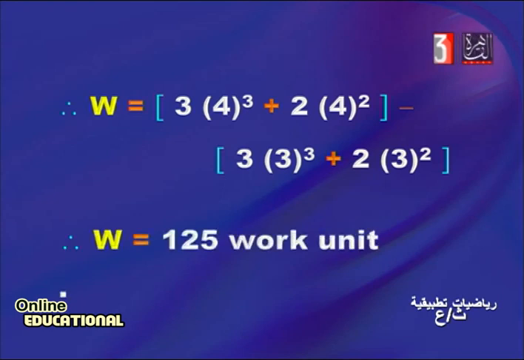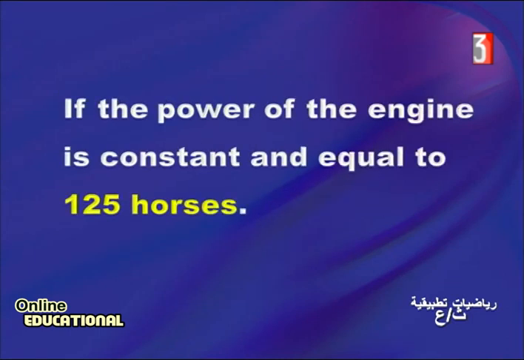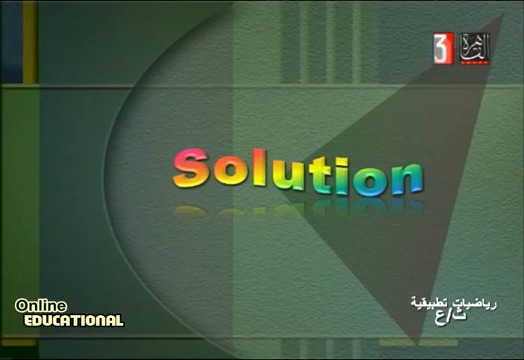Find the time taken by a car of mass 1,200 kilogram to reach the velocity 126 kilometer per hour from rest, if the power of the engine is constant and equal to 125 horse. We know that the work W equals the definite integral of the power with respect to time t from t1 to t2.